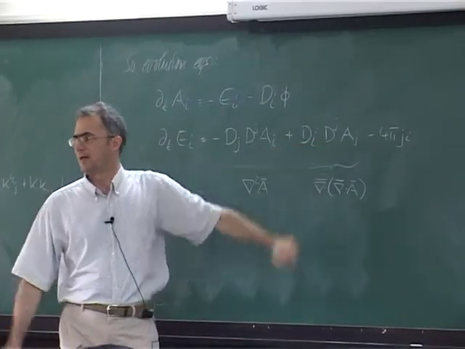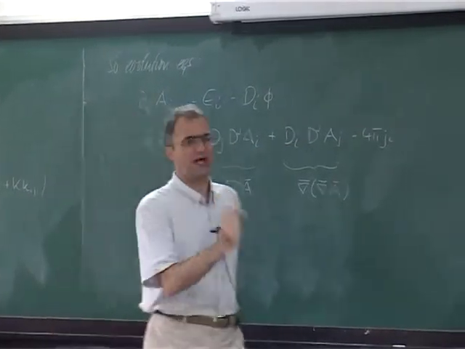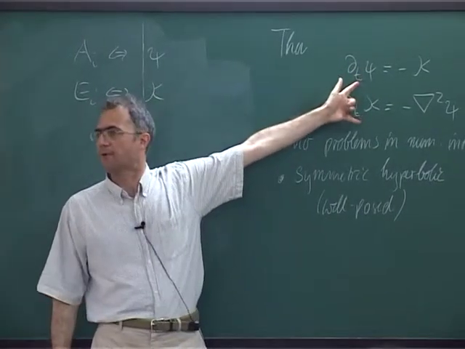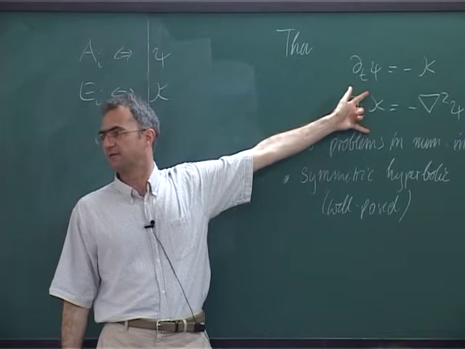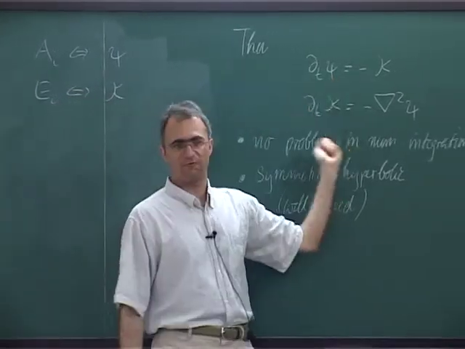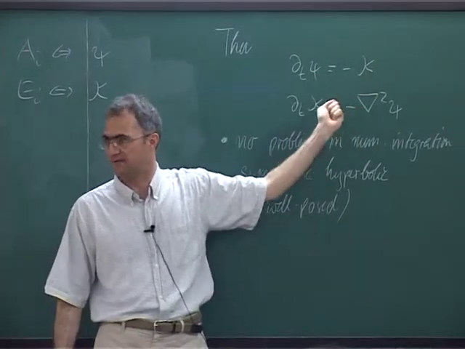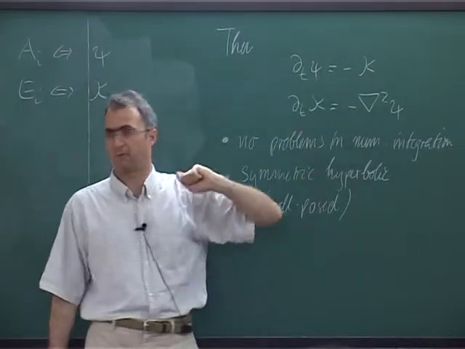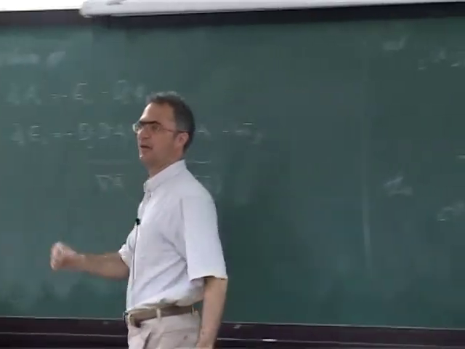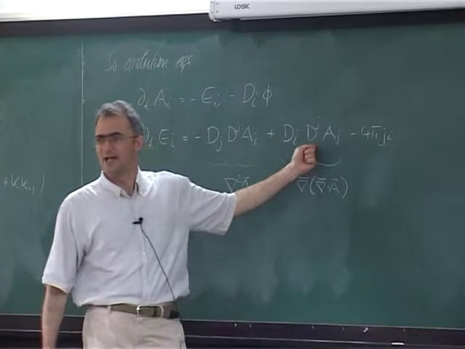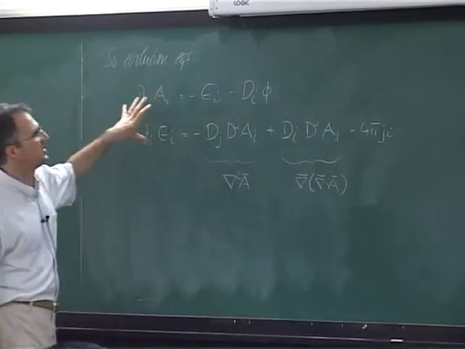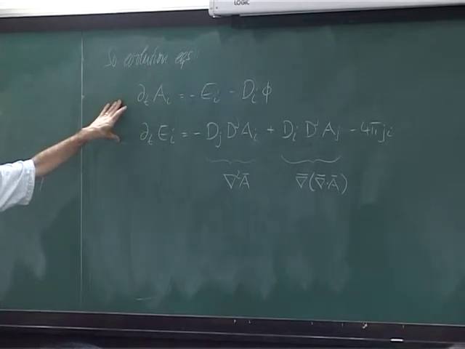Before, I told you that these equations are completely unproblematic in numerical integrations because they're well posed, symmetric hyperbolic. This form of the equation combines to a wave equation for our variable psi. That is no longer the case here because now we have this additional term. It is these additional second derivatives which spoil the wave character of this set of equations.